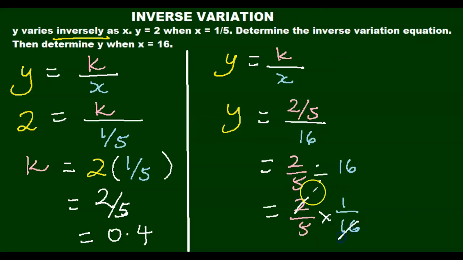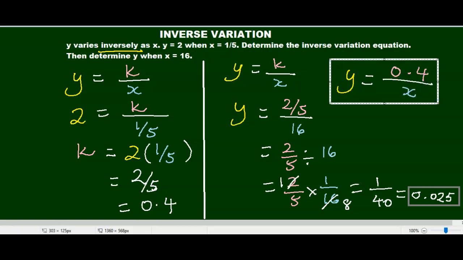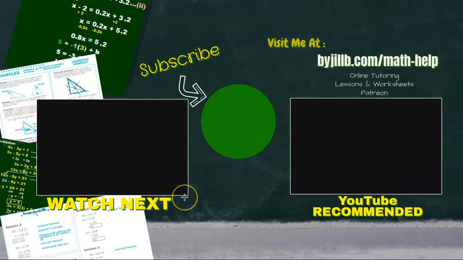These two are divisible by 2, so you can reduce: 2 divided by 2 is 1, 16 divided by 2 is 8, and that gives me 1 over 40, which gives me 0.025. And we can write our inverse variation equation as y equals, our k is 0.4 as we found, over x, and that would be our inverse variation equation.